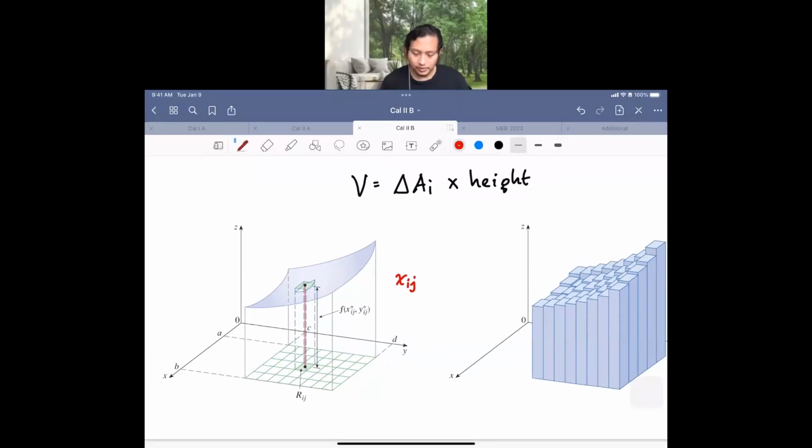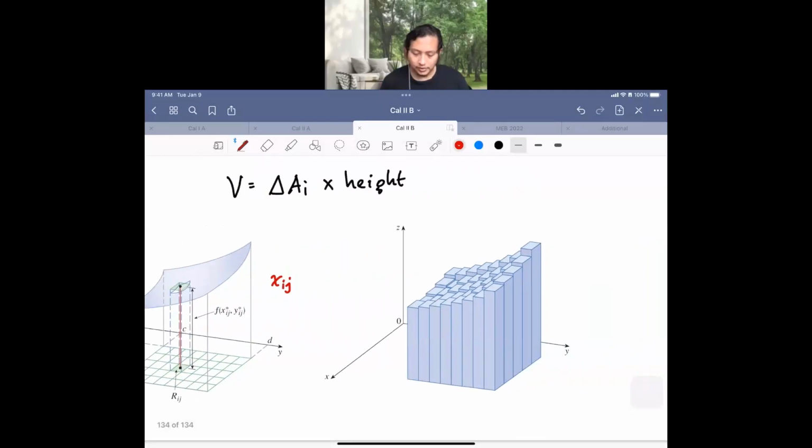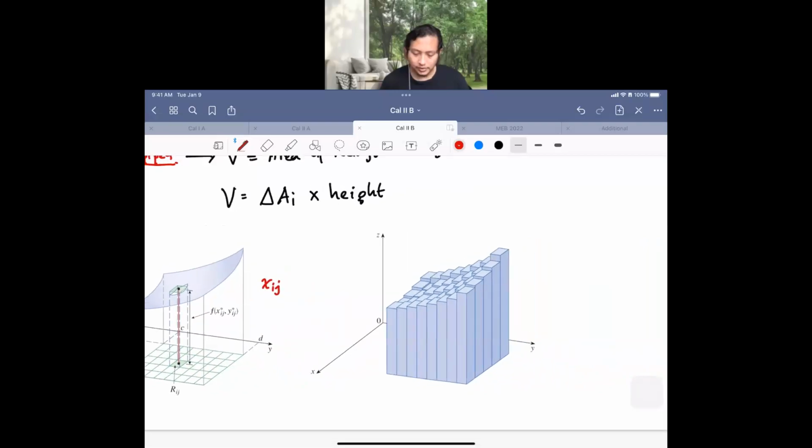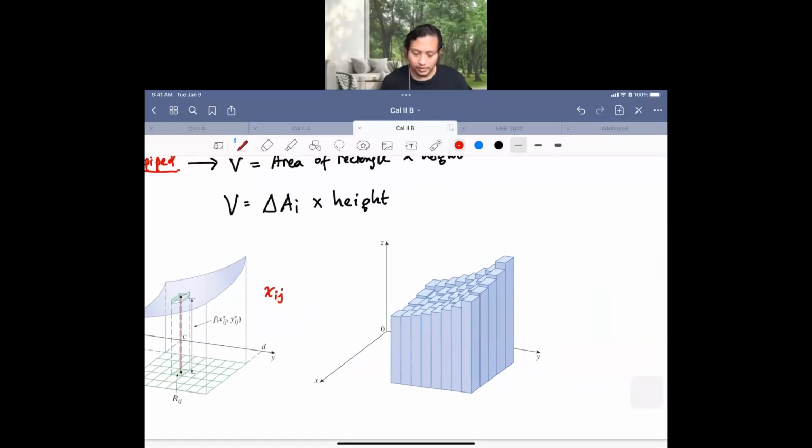It depends on how many n we are cutting the rectangle into, and if we have a lot of n, so a lot of rectangles, then we might get close to the volume of this geometric shape.